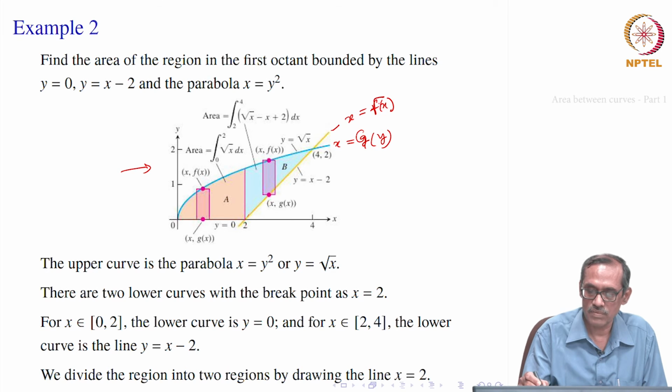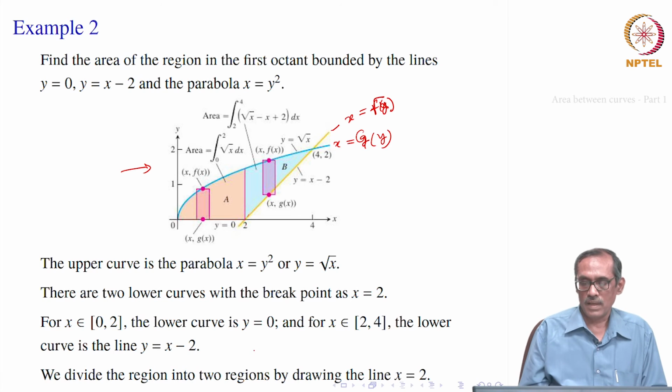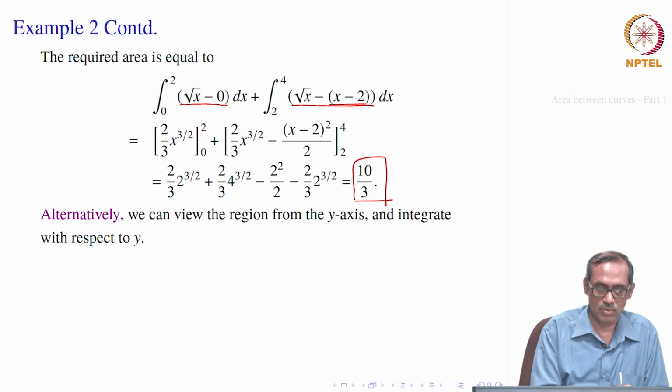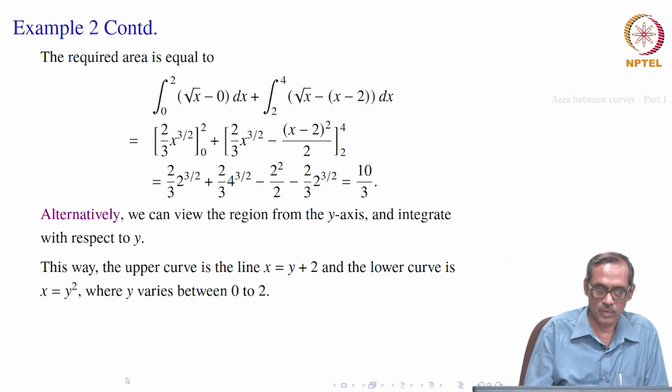So, let us write g of y. If you look from the y axis side, the yellow one is on top of the blue one. So, the whole region can be thought of as integrating with respect to y, and that will be the integral of g of y minus f of y, right. So, that is what we do in the alternative way.